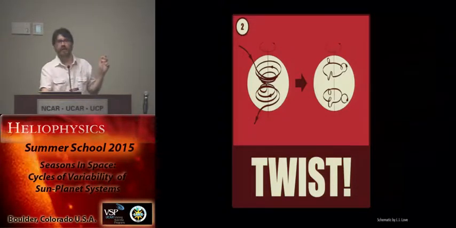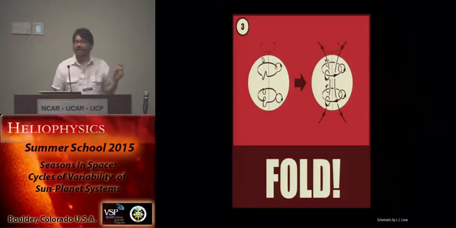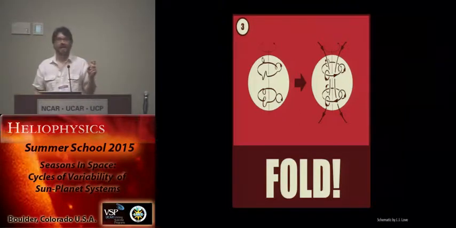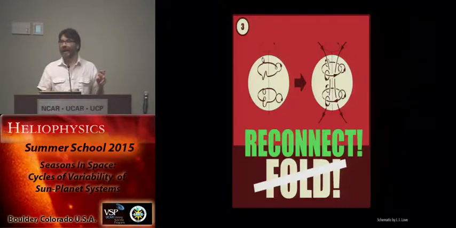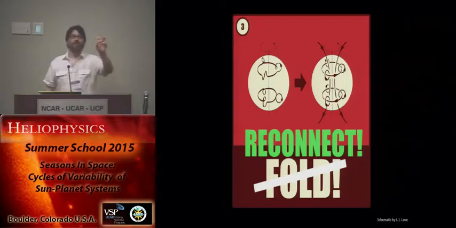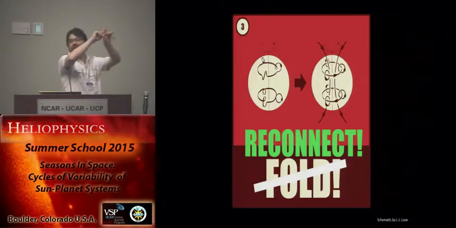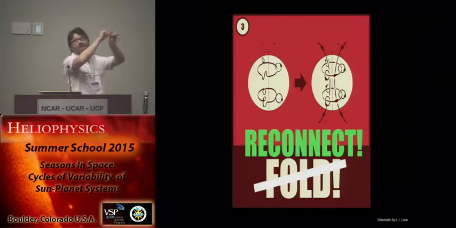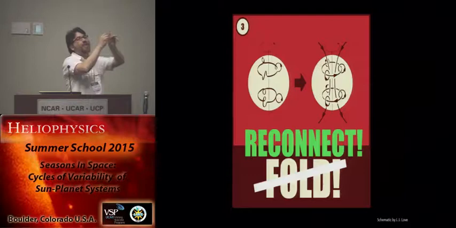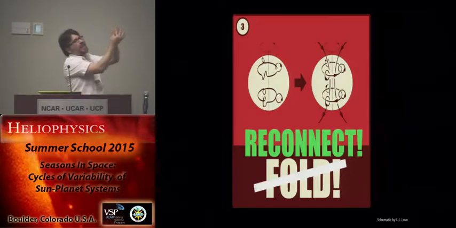Okay? And then the last thing is fold. But actually that's not the whole story, because you can also reconnect. In the sun, you have these small-scale magnetic fields, which are twisted loops. Then you reconnect them, which basically means you bring them together and erase the line between them.